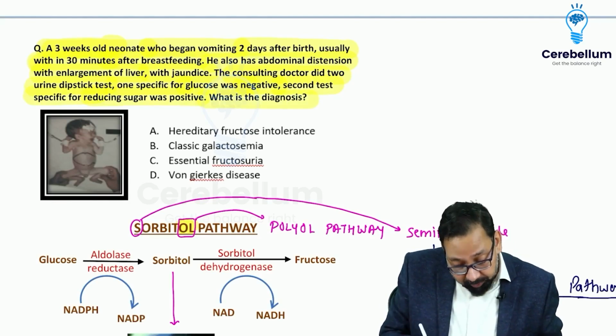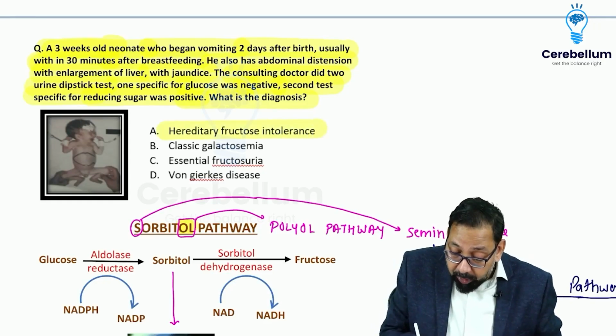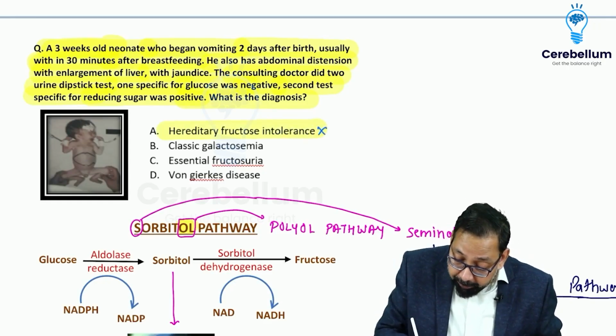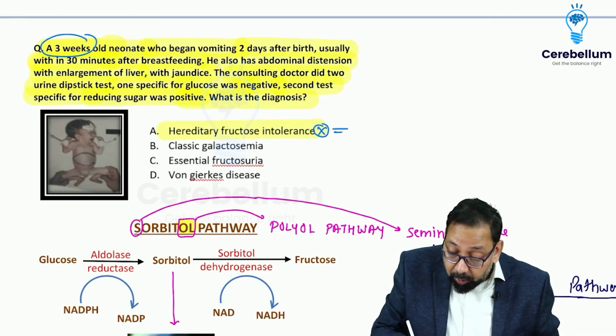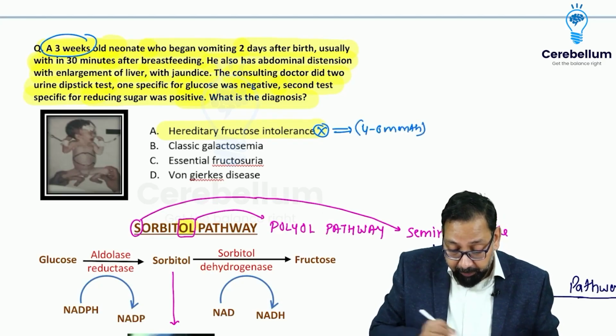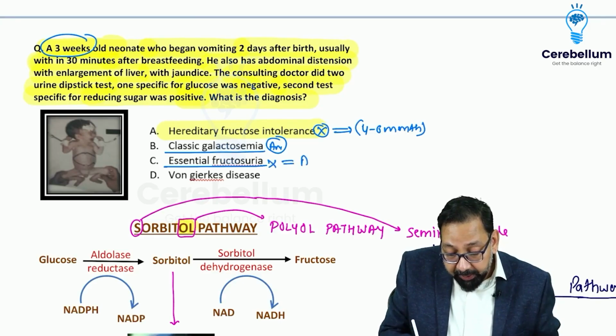What is the diagnosis? Option A, hereditary fructose intolerance, can't be because the presentation is at 3 weeks. Hereditary fructose intolerance usually presents at 4 to 6 months when we start weaning. Classical galactosemia, this is the answer. Essential fructosuria can't be the answer, because the patient is asymptomatic in essential fructosuria.